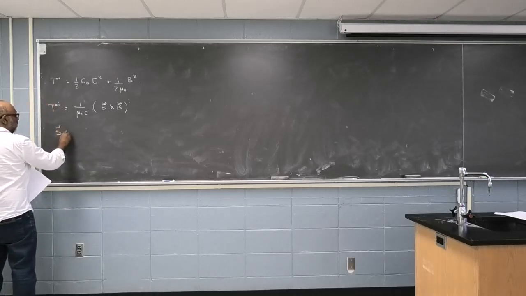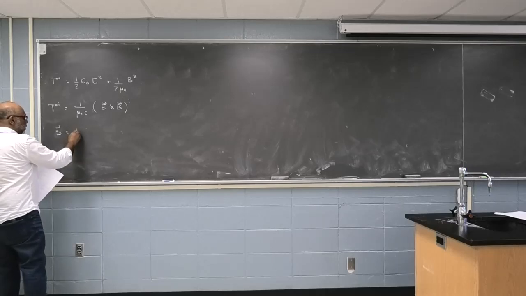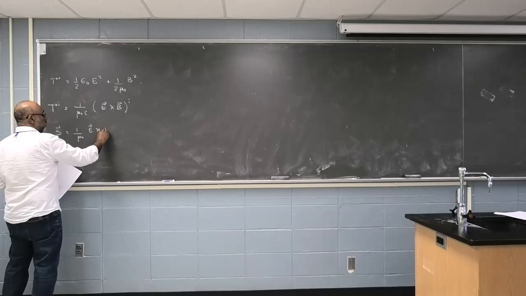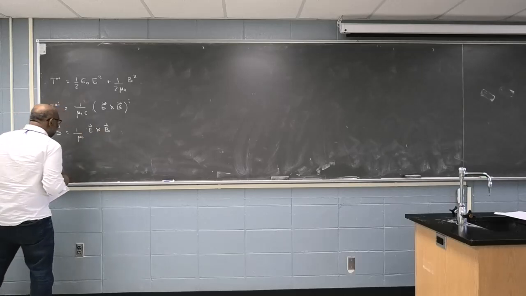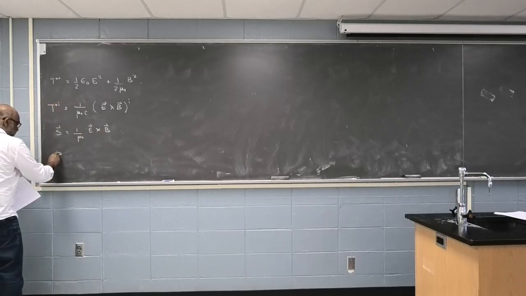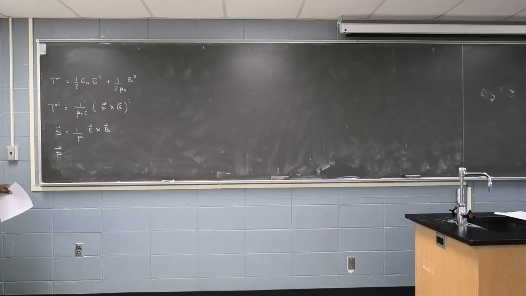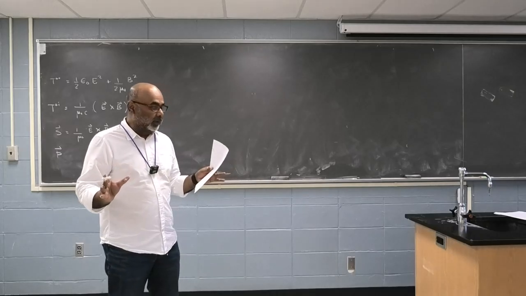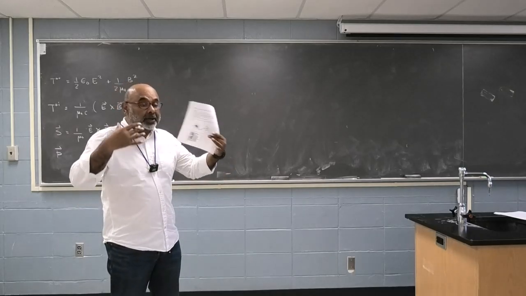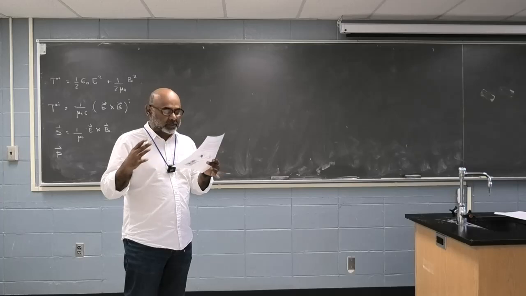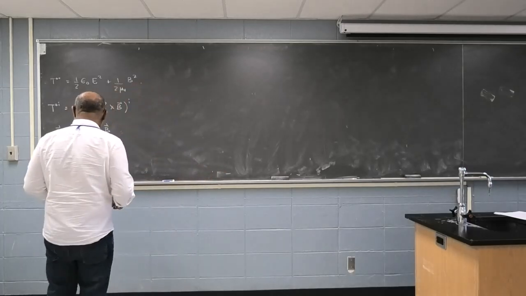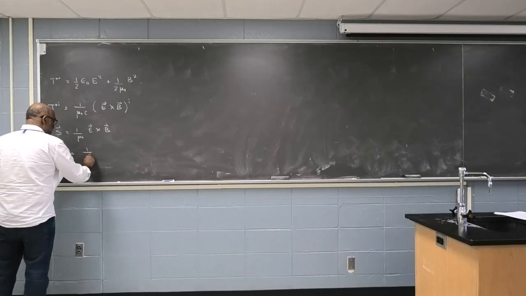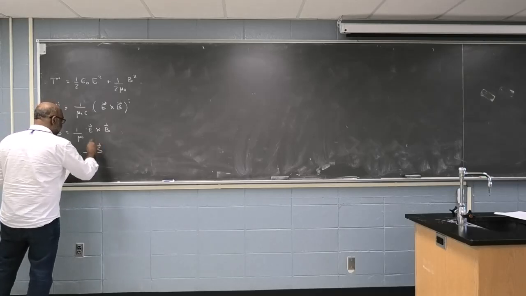In fact, the Poynting vector S is 1 over mu 0 E cross B, also from E&M. So we're just recalling a few facts because I'm trying to put the pieces of the energy momentum tensor in terms of physical quantities, physical components. If you recall, this is nothing more than 1 over c squared S.